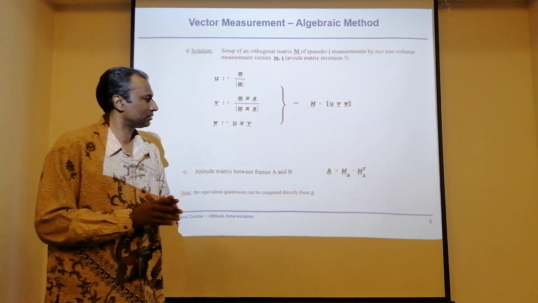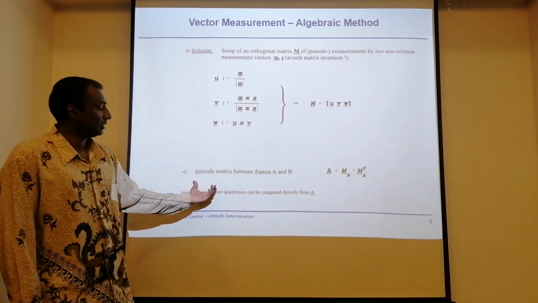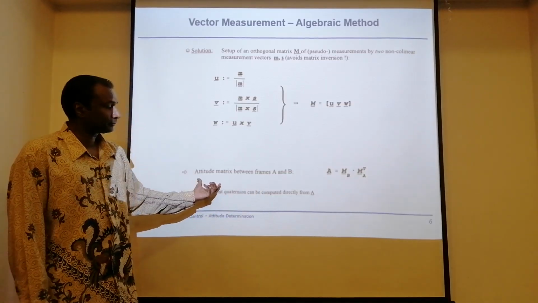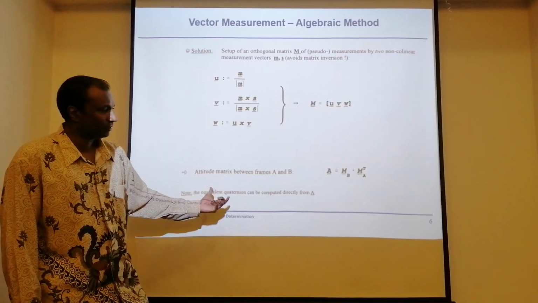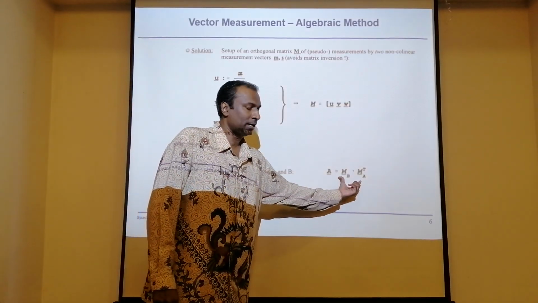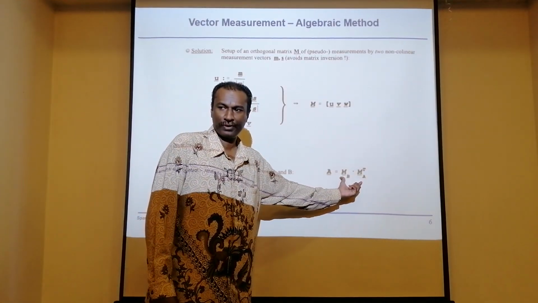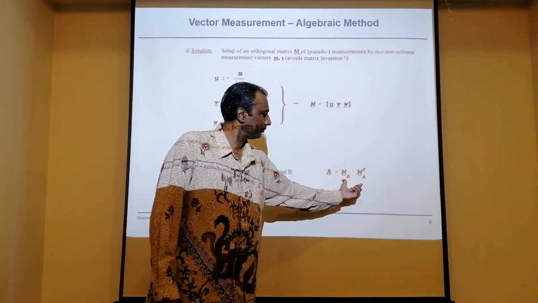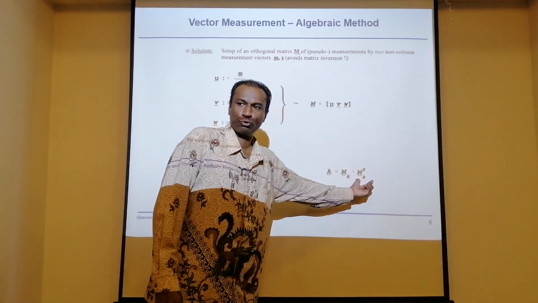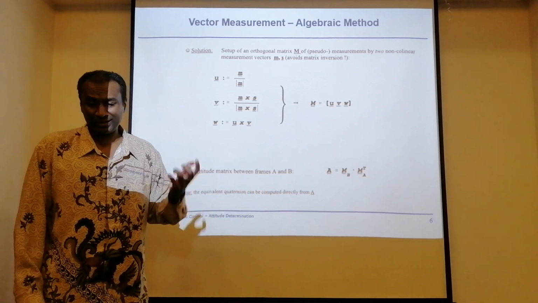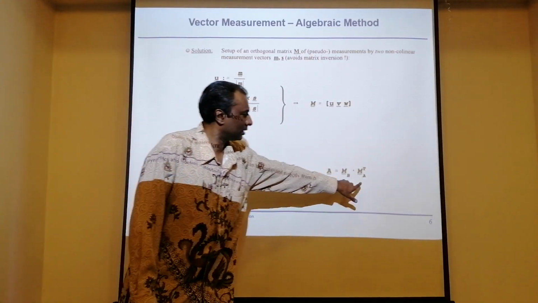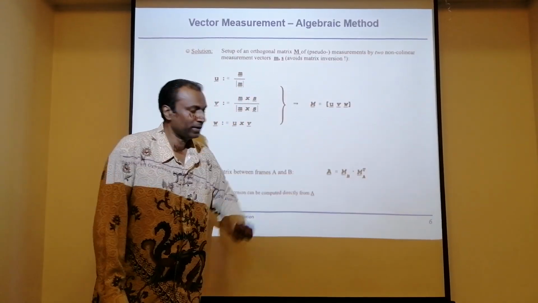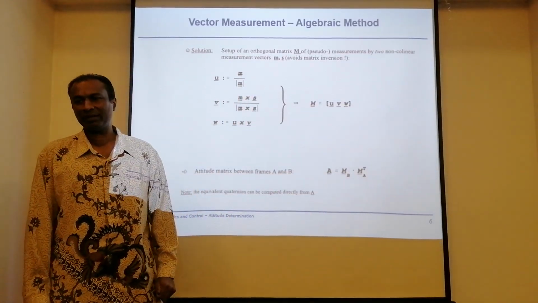It's very easy. If you want to find the difference, the attitude matrix would be the frame B measurement, times the transpose of the measurement with respect to frame A. You do this arithmetic, and basically you should have the actual attitude matrix.